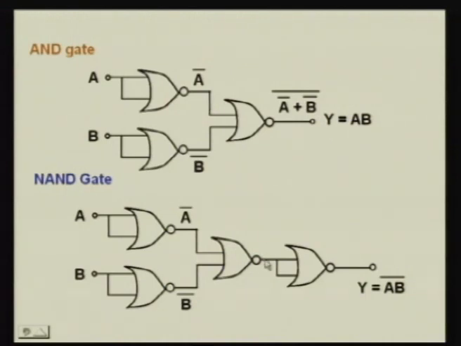Here we get the output Y is equal to AB, and if we apply this output to the last NOR gate, using it as an inverter, we get Y is equal to AB bar, which is the output of a NAND gate. So we could see how we can use various NOR gates to realize different other gates.